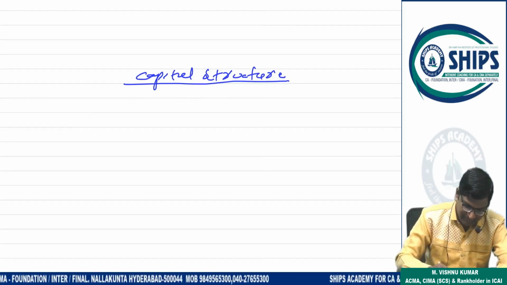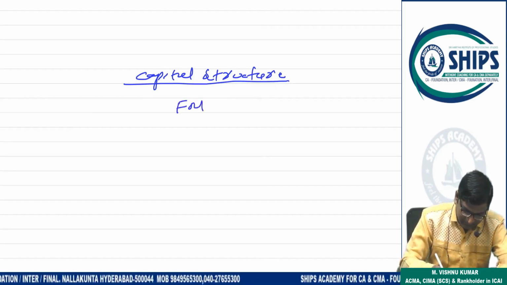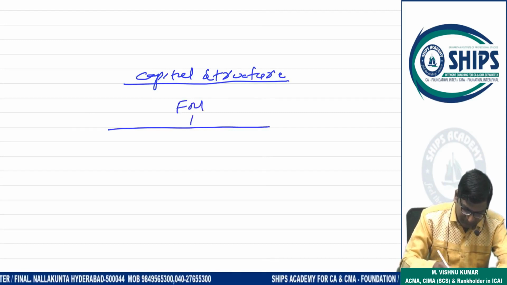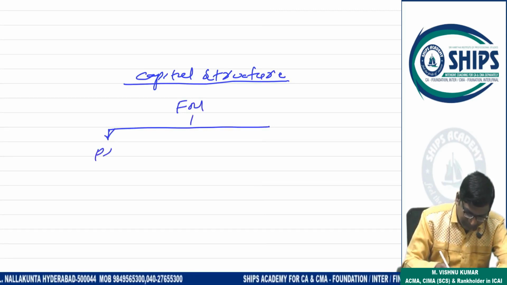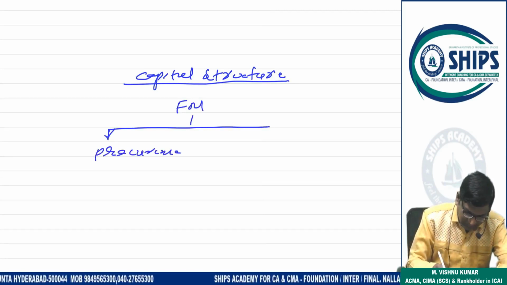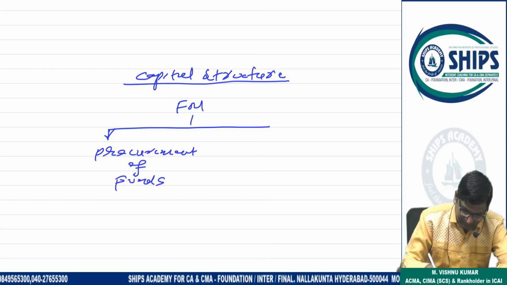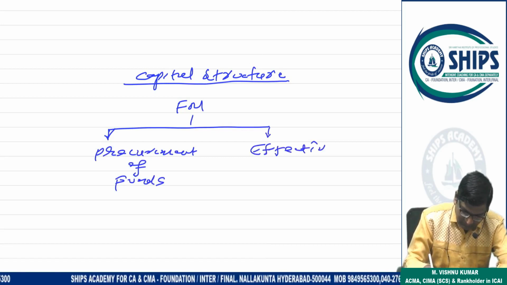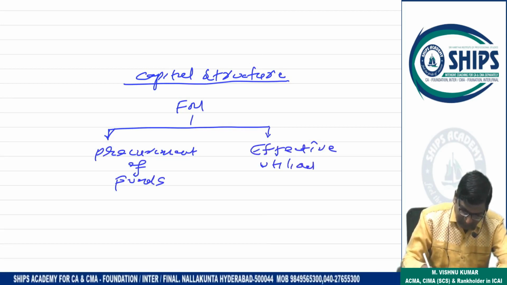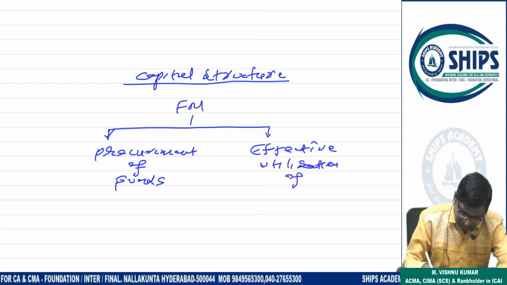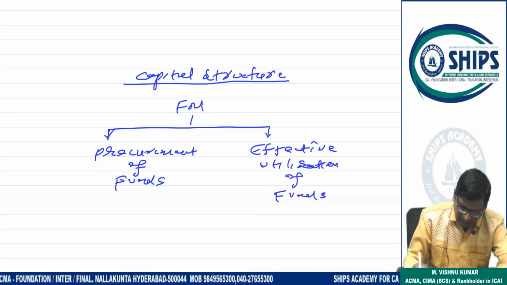Financial management subject is broadly categorized into two: one is procurement of funds, and second is effective utilization of funds. Procurement of funds means financing, the financing decision.